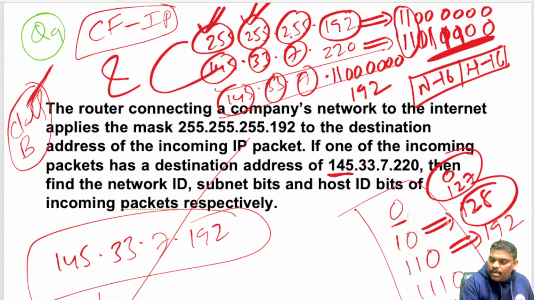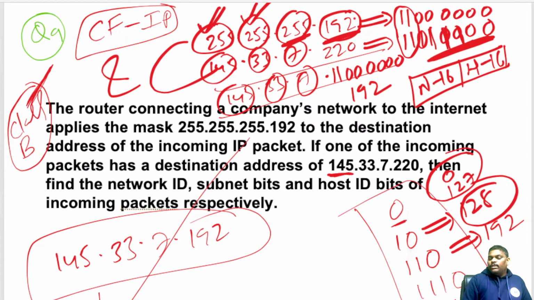In the mask area, how did it become 255, and how did it become 192? According to class B, 16 bits are for network and 16 bits for host.